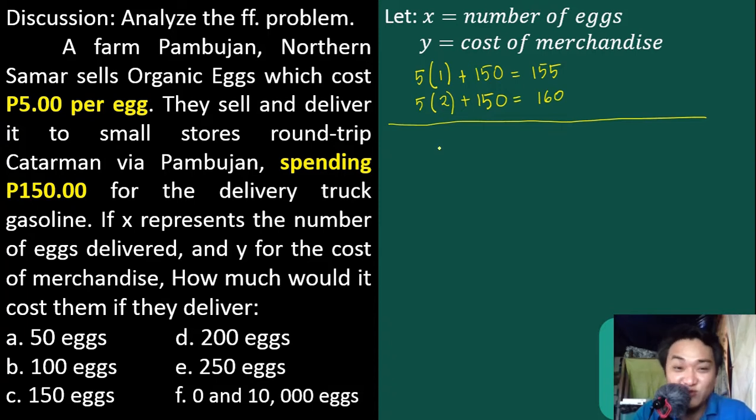So let us be much more realistic this time. What if nag-deliver nga sila ng 50 itlog for that day? Okay, so that is 5 times 50 plus 150. It's equivalent to, so let's say 5 times 50, that will be 250 plus 150, that will be 400.